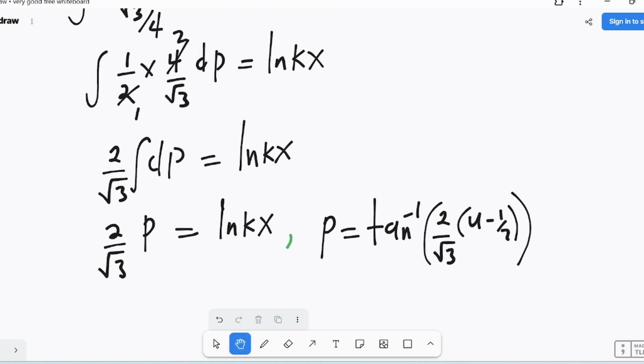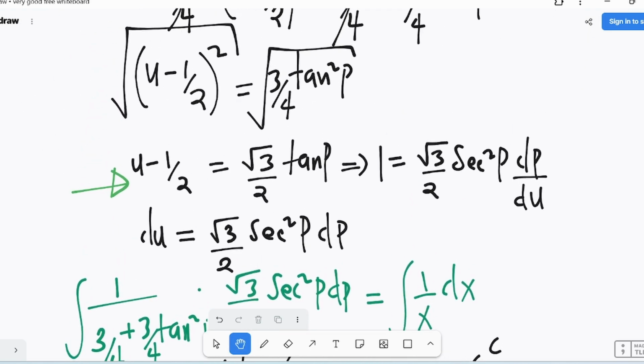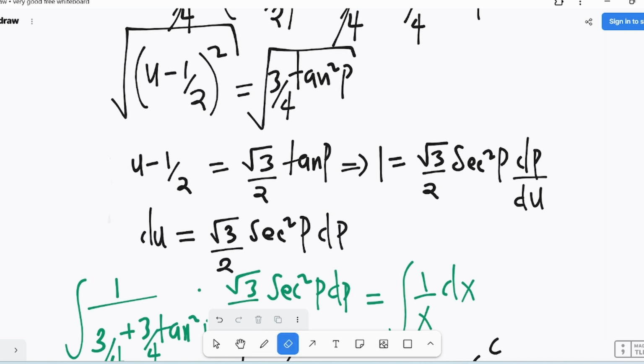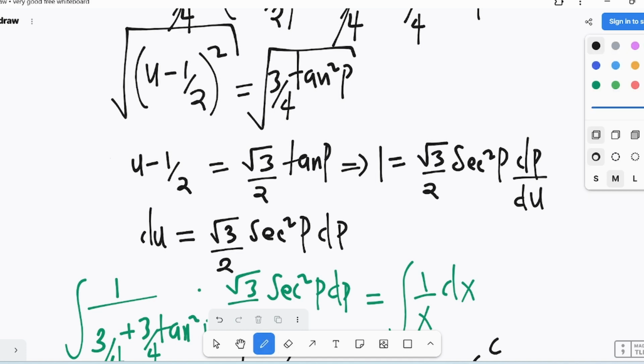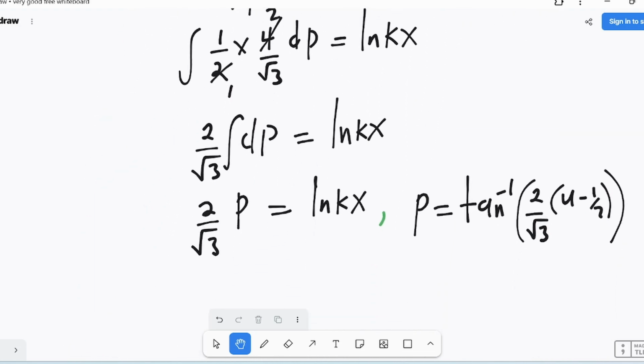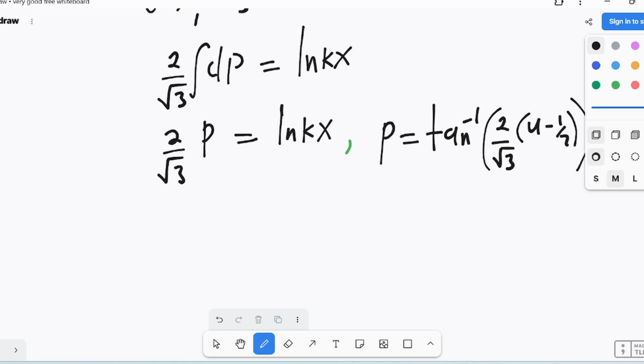So you can even go back and see it from here. If you can see it from here, it is tan inverse of 2 out of root 3 into u minus a half. So that is that. So when we go back, we substitute it back where there is p.